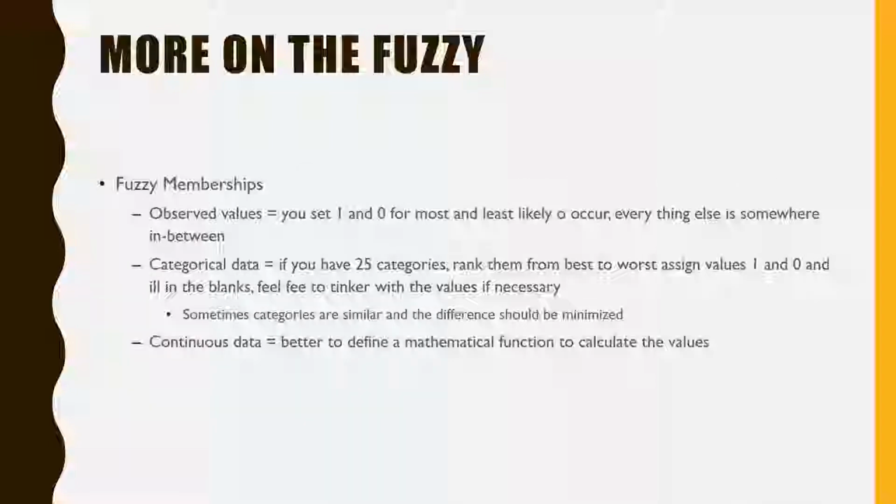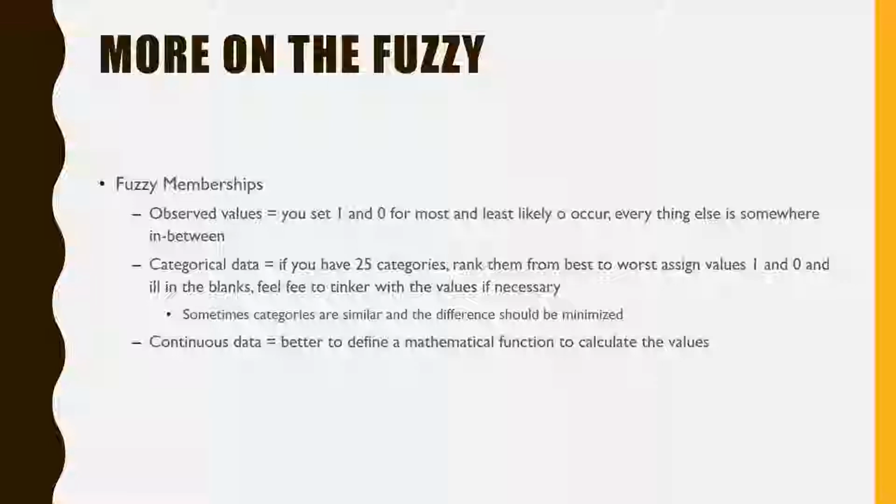Observed values, if you set them to 1 and 0, most likely everything is 1 or 0. But in general, observed values are not 1s and 0s. For the most and least likely to occur, everything else is usually somewhere in between. It's generally some degree of whatever the thing is that you're observing.